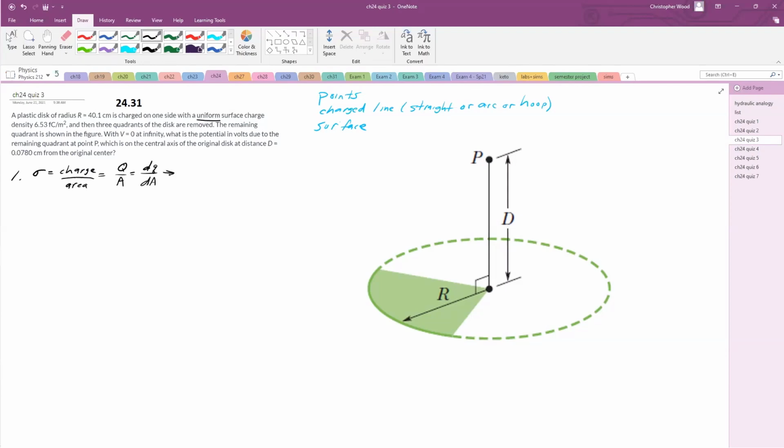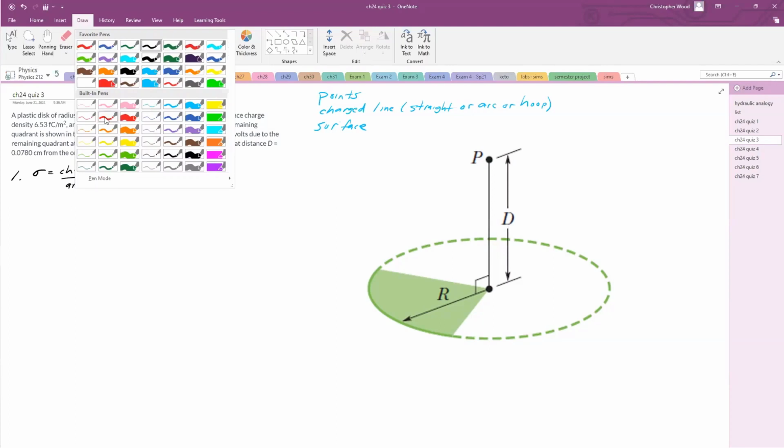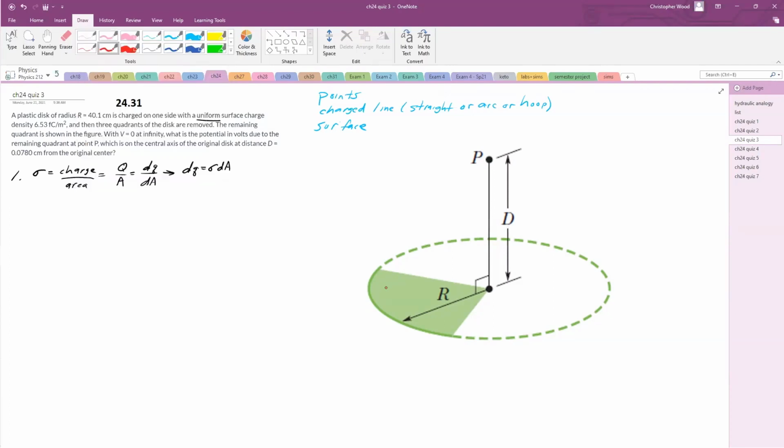So that's where I'm once again going to quickly say that my little teeny tiny dq is going to equal sigma times dA. I'm taking this same approach. I have to identify my little sample point charge. I'm going to say this is my little sample point charge right here. I'm going to take a super teeny tiny dq and just arbitrarily draw it somewhere within this charge region, like that, and then maybe like that.